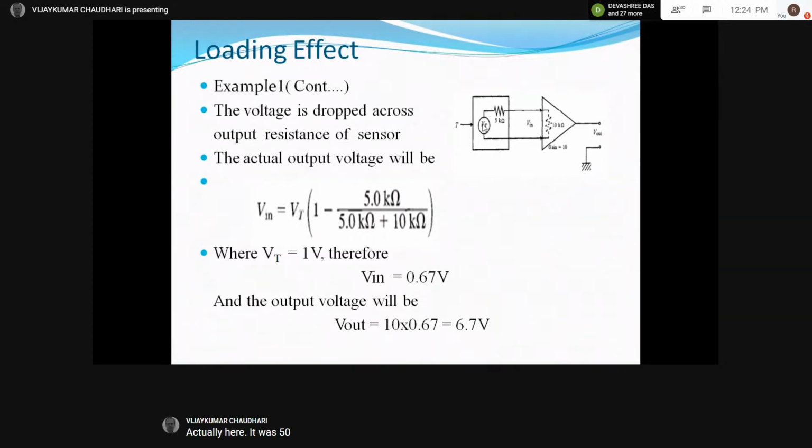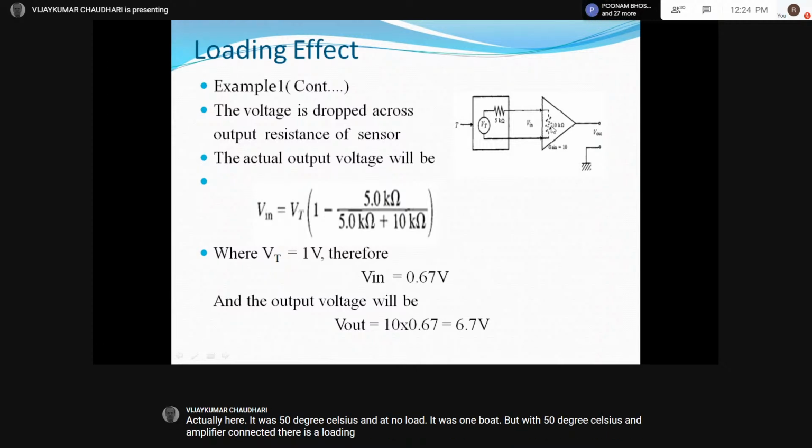Suppose the sensor resistance is made negligible compared to this 10K, the second stage resistance. Negligible meaning say it is 50 volt. Will it affect 50 divided by 15K?